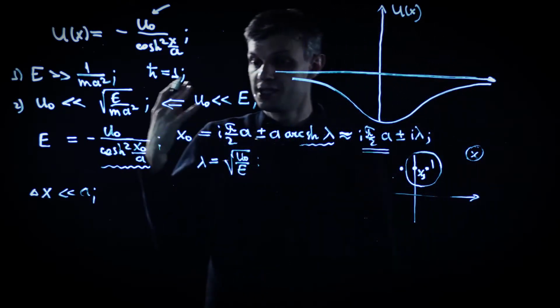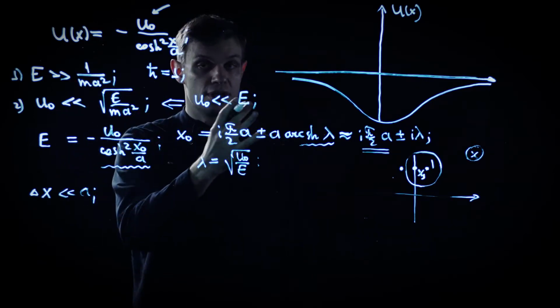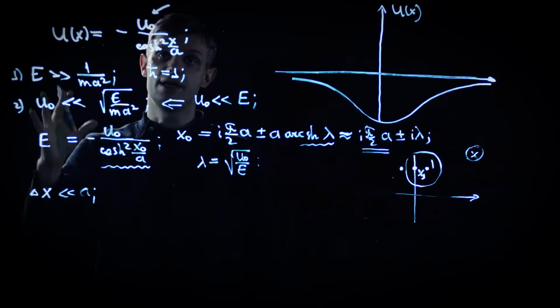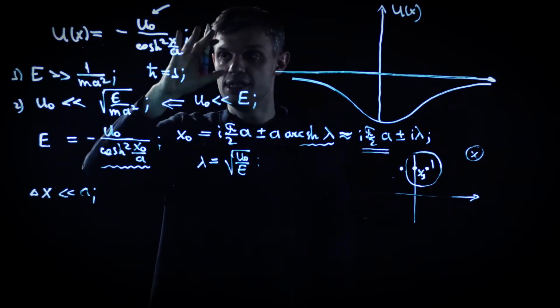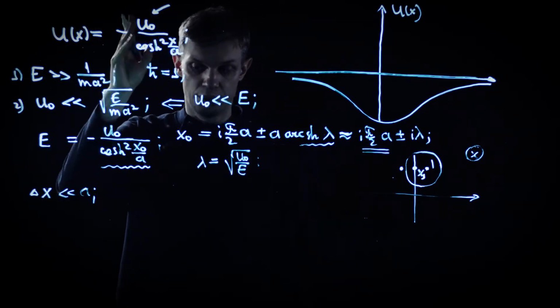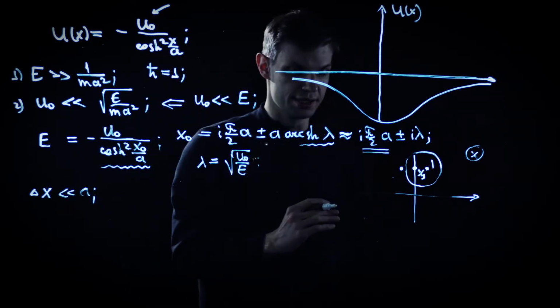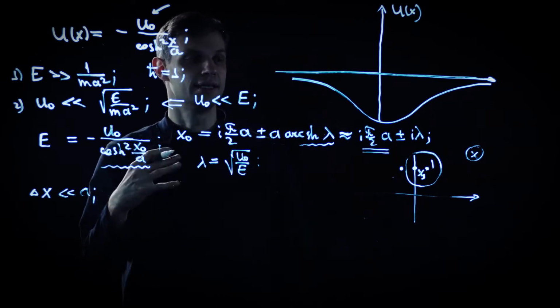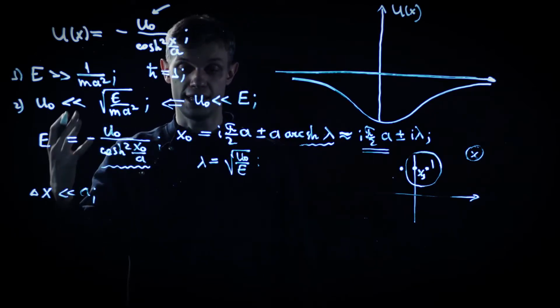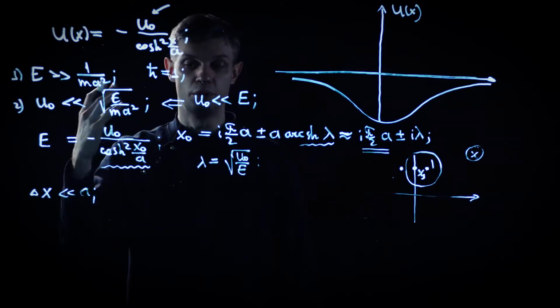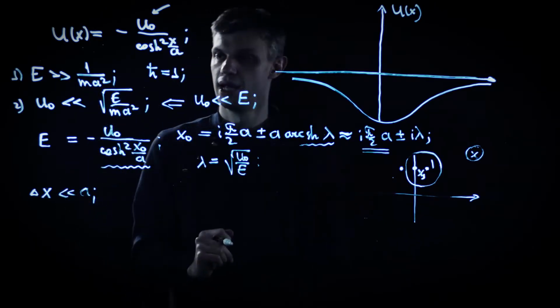And the whole Taylor expansion of the potential near this turning point is illegitimate. So the right expansion would be the Laurent expansion near the pole, rather than the Taylor expansion near the turning point. So that's why this kind of case is sometimes called the coherent reflection from the pole and the turning point.